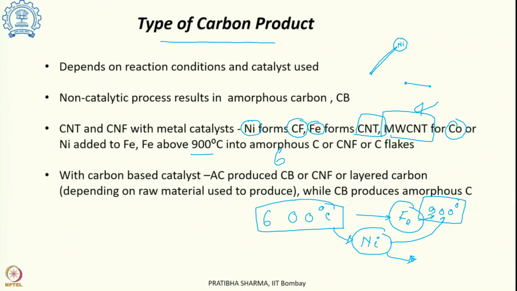In that case you have to use iron. If we use iron as a catalyst, the carbon produced is CNT, carbon nanotubes. If we use cobalt, multi-wall carbon nanotubes will form. This is very simple, you just have to remember these things.